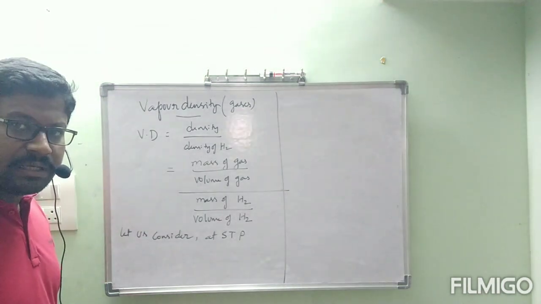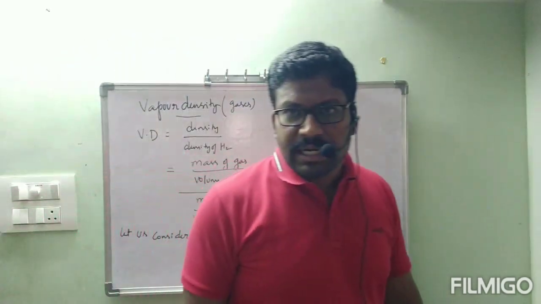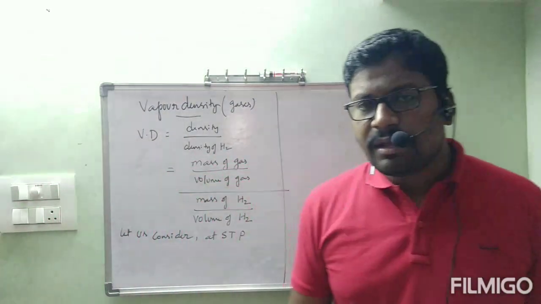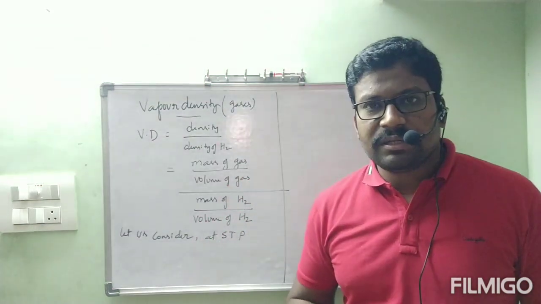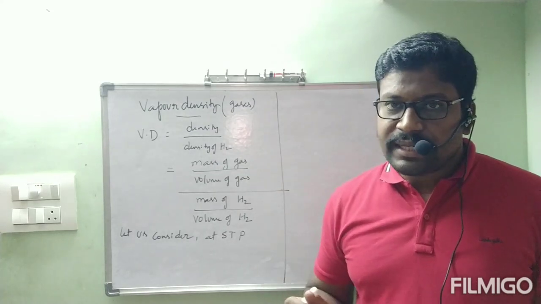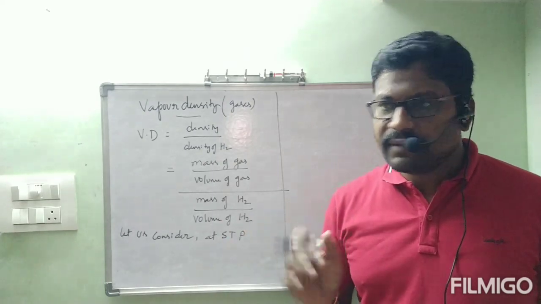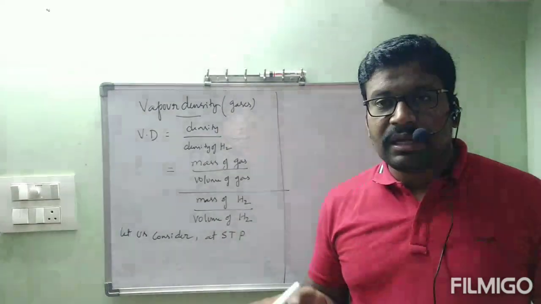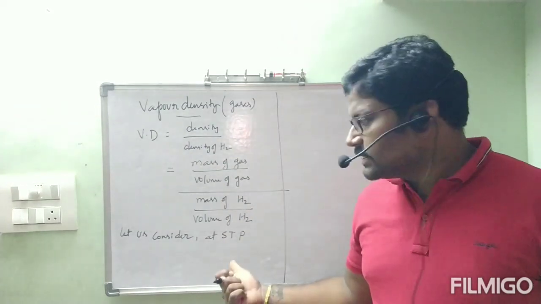In the previous class we have seen standard temperature and pressure: temperature condition 0 degrees centigrade, pressure condition 1 atmosphere. 0 degrees centigrade can be converted to Kelvin as 273 Kelvin. Pressure is 1 atmosphere. That's why I took at STP.